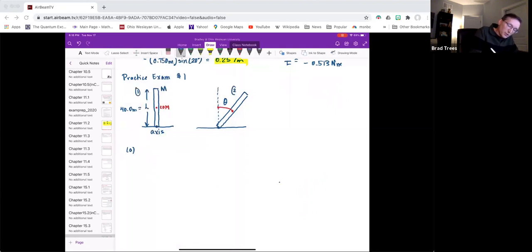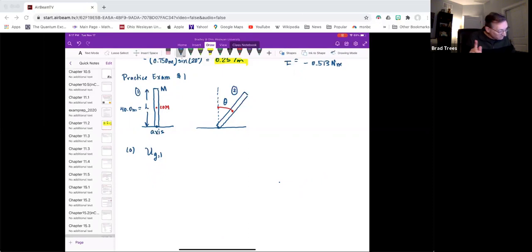This is going to be instant 2 over here. We are to find a symbolic expression for the gravitational potential energy at instant 1. We are told that this will be a symbolic answer, no numbers, in terms of M, the mass of the chimney, G, and L.